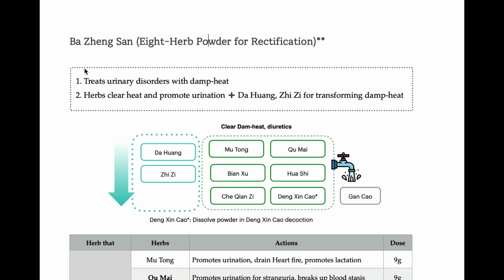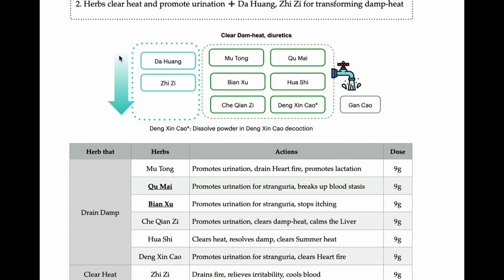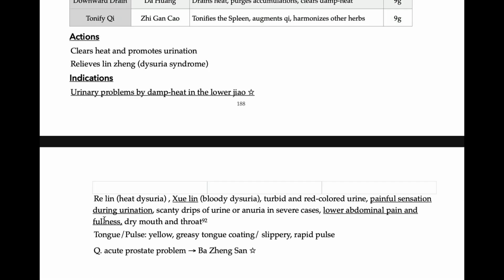There have been many questions in board examinations about Bazhengsan with those hints, with antibiotics and inflammations and biomedicine diagnostic names. That is the keyword. Something like acute prostate problems, or gram-positive, so a urine culture showed gram-positive germs. There are many different descriptions. So Bazhengsan, never miss this question.